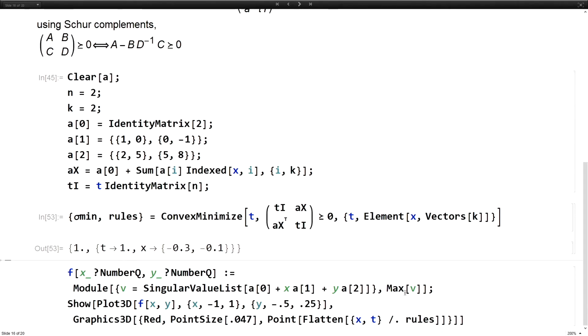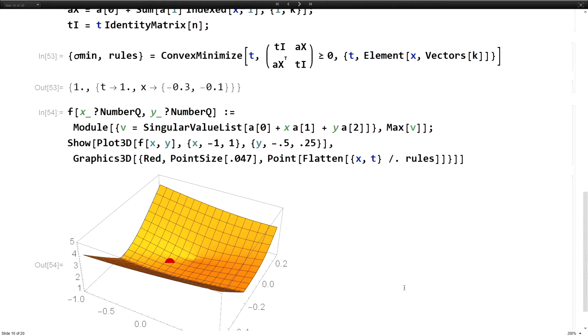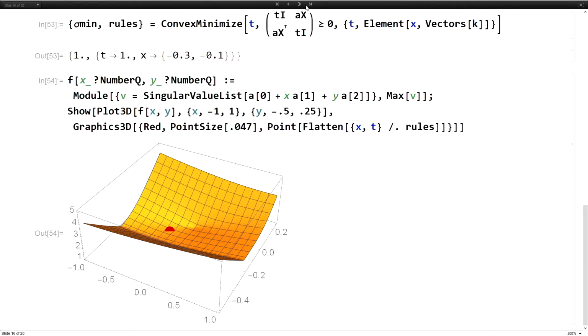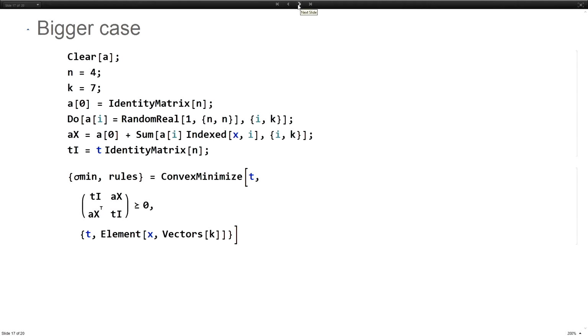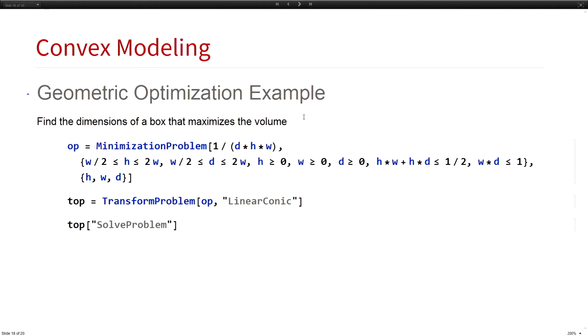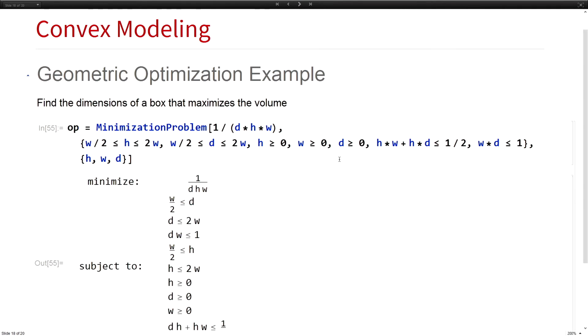And now let's look at the plot of that. What's interesting about this plot is, yes, it is actually the minimum, but notice this has a crease and dimples, so it's not actually smooth or continuous. So I can do a bigger problem that generalizes. Let me do one more example to show you the extent of the transformation stuff.